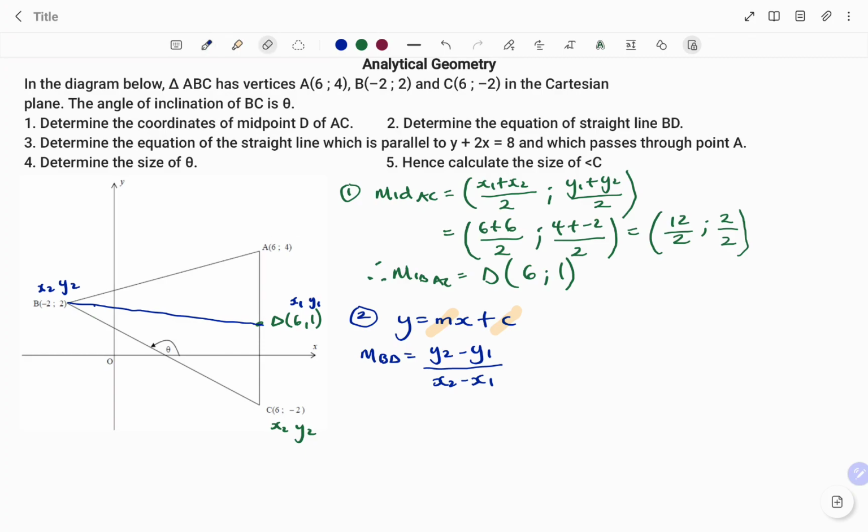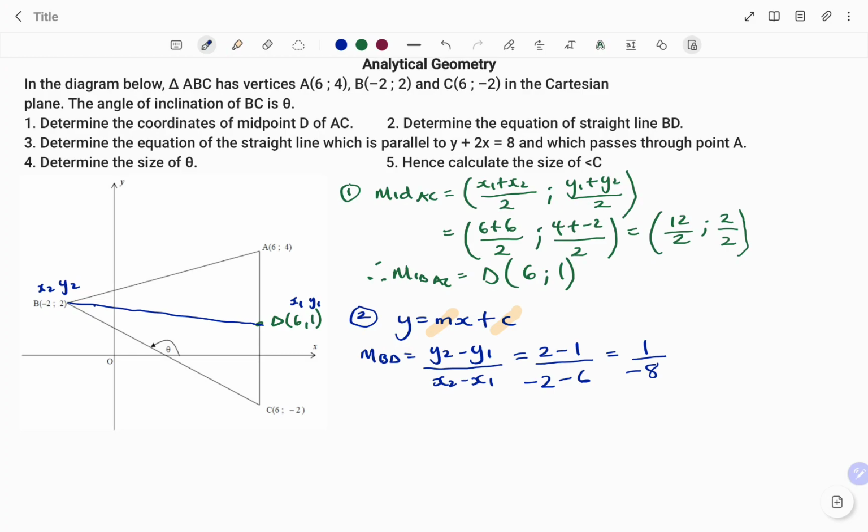I'm going to take out this point. So putting in the values, I have my y2, that's 2 minus y1, 1, divided by my x2, negative 2 minus x1, 6. That will be 2 minus 1, that's 1 over negative 8. So the gradient is minus 1 over 8.